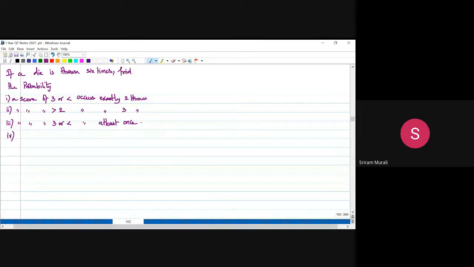Subdivision 4, a score of 2 or less occurs on at least 3 occasions.